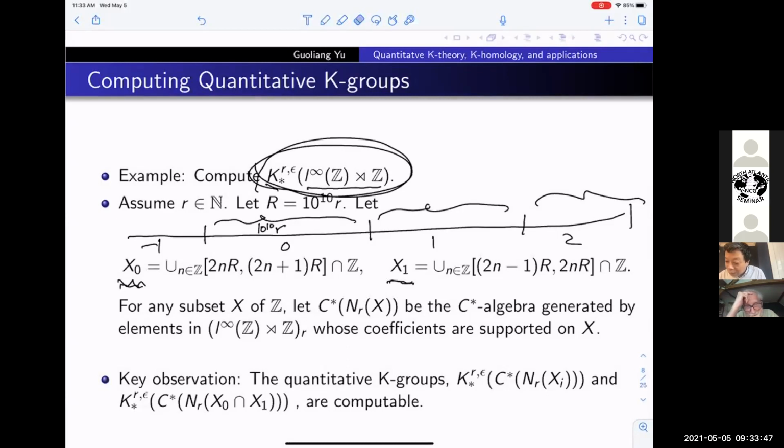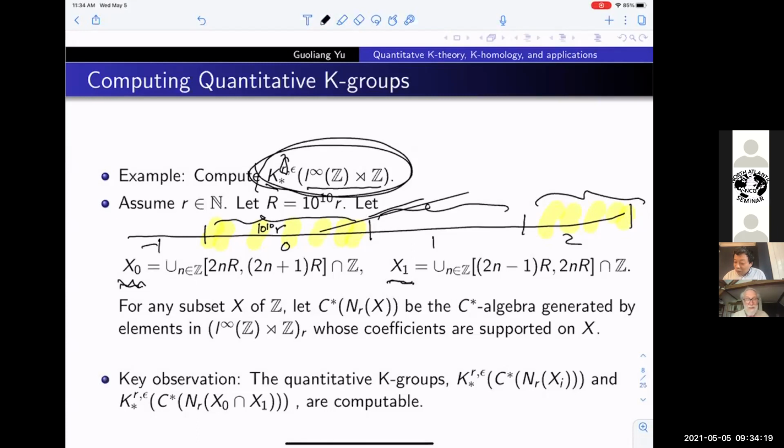Let me color it. Maybe X0 is the even-numbered one. The point is that between those even-numbered intervals, the distance is pretty big, and here I can only travel distance R, which means I cannot travel from one yellow one to the next yellow one. It's like I'm living on this yellow island and you are living on the next yellow island.